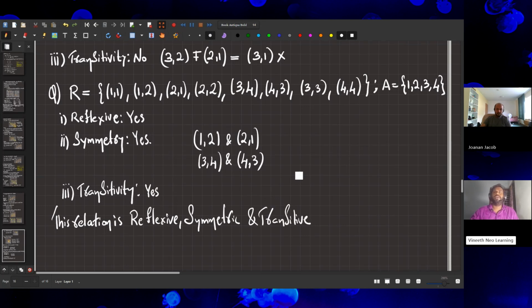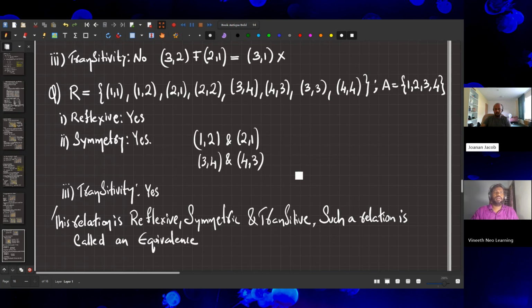Such a relation is called an equivalence relation.